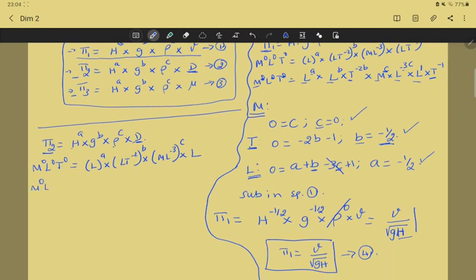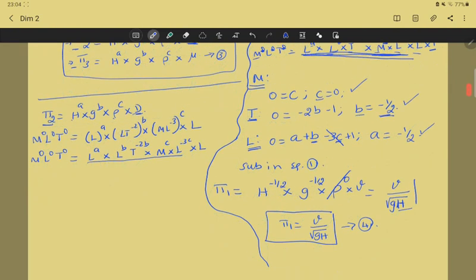M power 0, L power 0, T power 0 equals L power a times L power b times T power minus 2b times M power c times L power minus 3c times L.